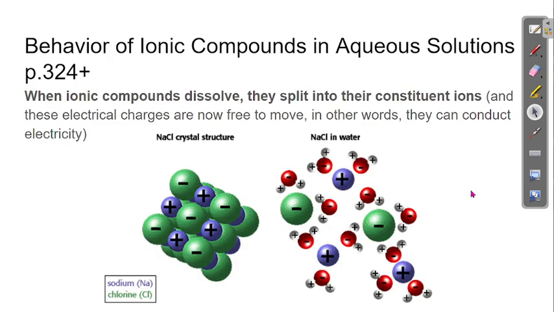Now, page 324, behavior of ionic compounds in an aqueous solution, so a solution of water. And look at the picture. You don't have a picture like this exactly, but follow along. Remember that an ionic compound is a compound made out of a metal and a non-metal, and what keeps the two together are the electrostatic forces.